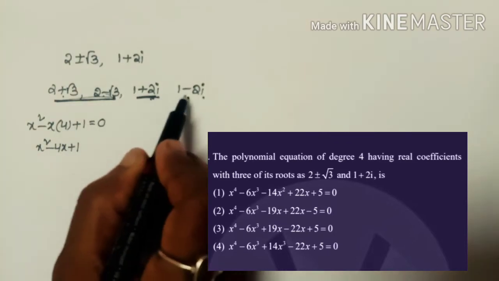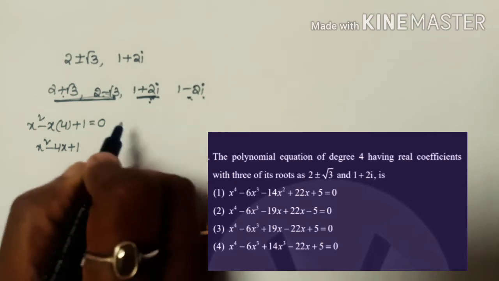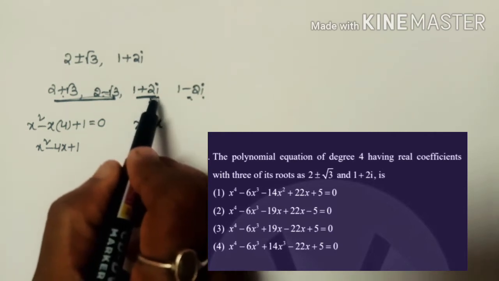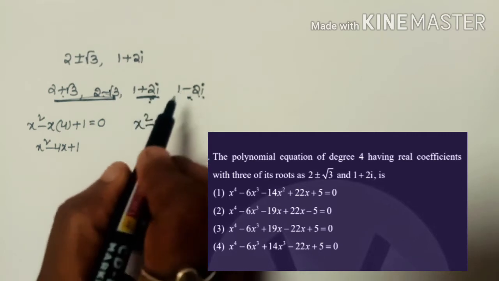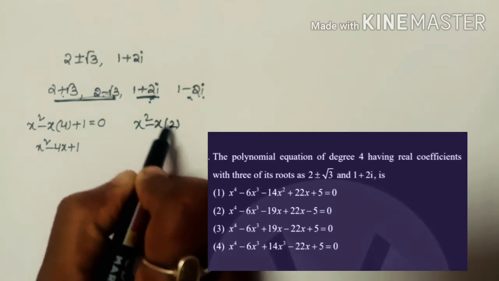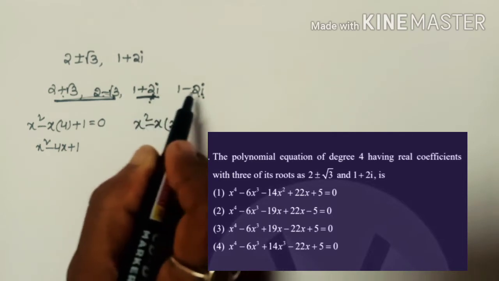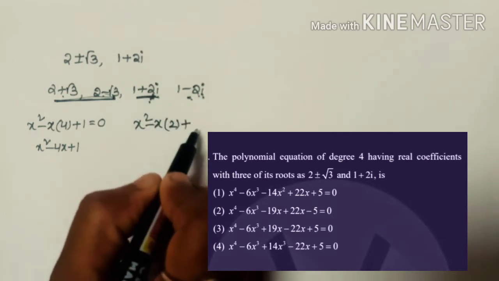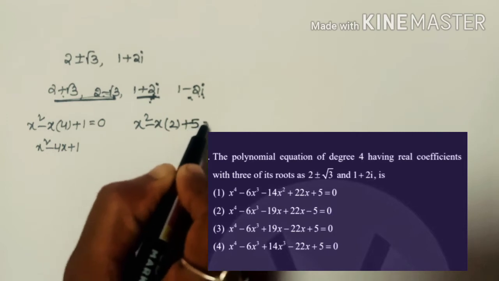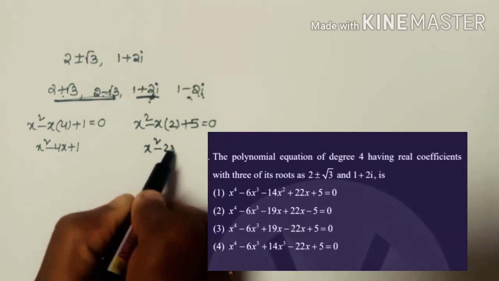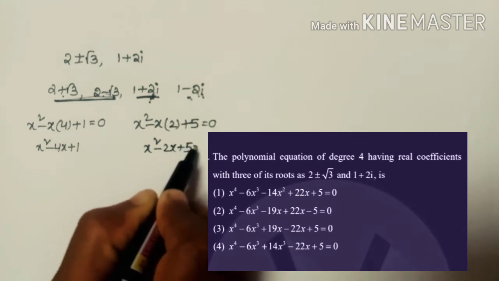Next, by taking the next 2 roots, 1 plus 2i and 1 minus 2i, the equation is x square minus x into (alpha plus beta), 1 plus 2i plus 1 minus 2i, that is 2, plus (1 plus 2i) into (1 minus 2i), 1 minus 4i square, 1 plus 4, equals to 5, equal to 0. Therefore the equation is x square minus 2x plus 5 equal to 0.